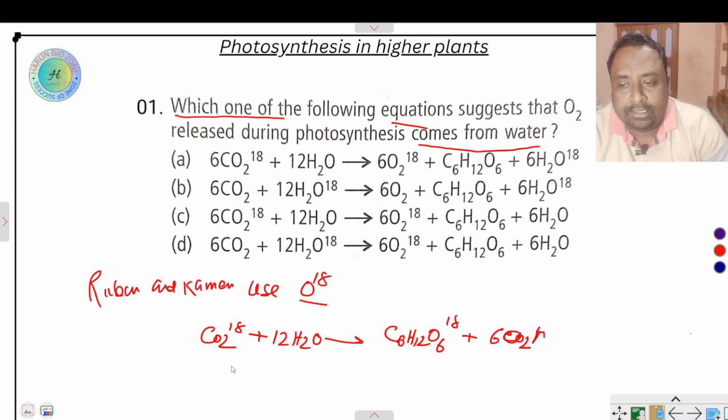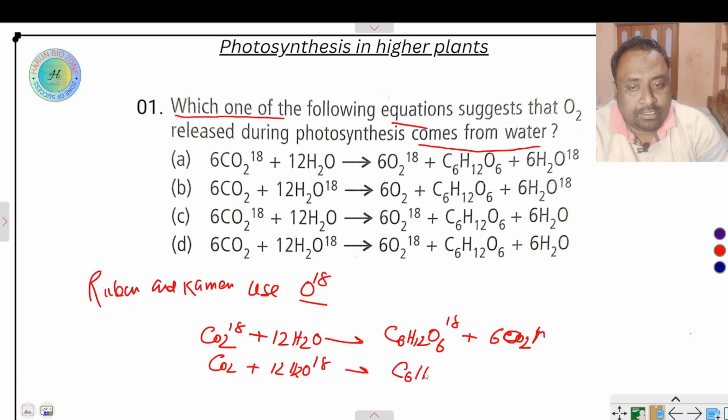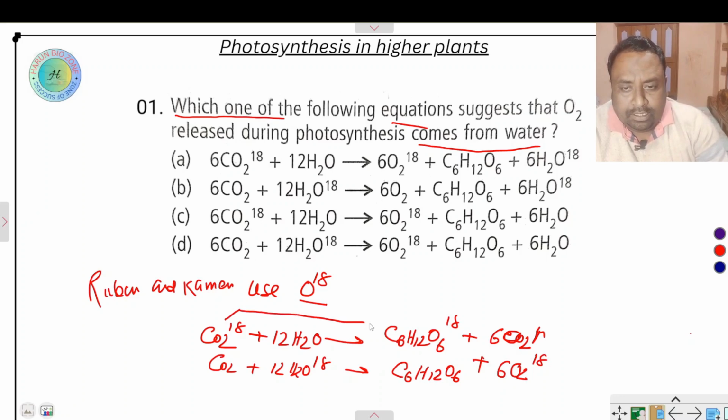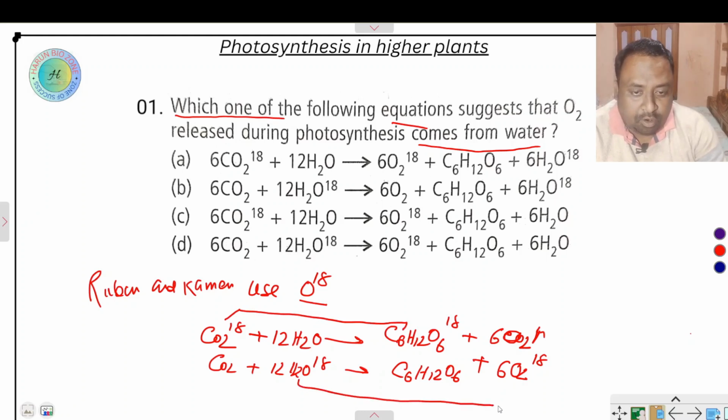But when they radio-labeled the oxygen of water, CO2 and 12H2O18, they found that the carbohydrate oxygen remained normal, but the radio-labeled oxygen was found in the oxygen released. So the oxygen of carbon dioxide is found in sugar, and the oxygen of water is found in oxygen.